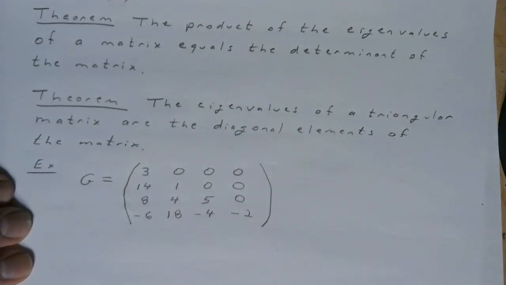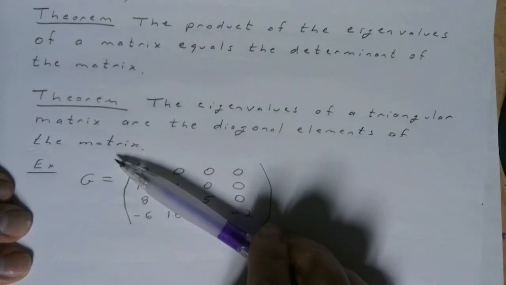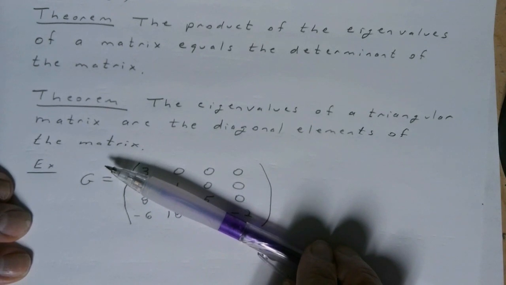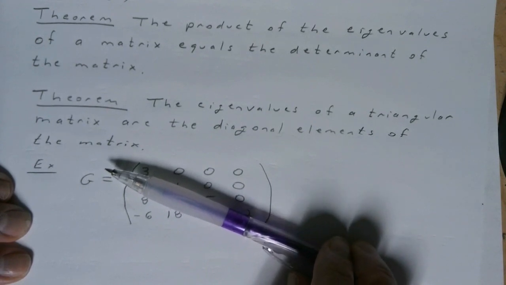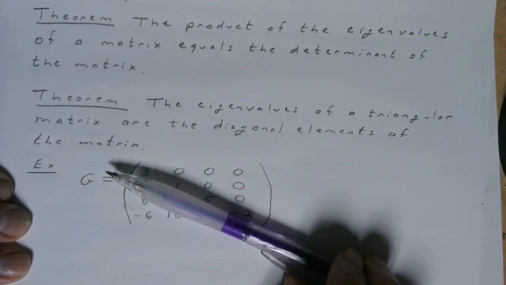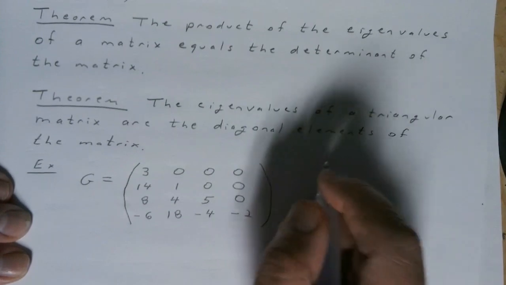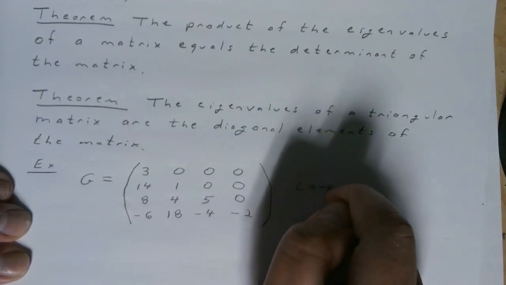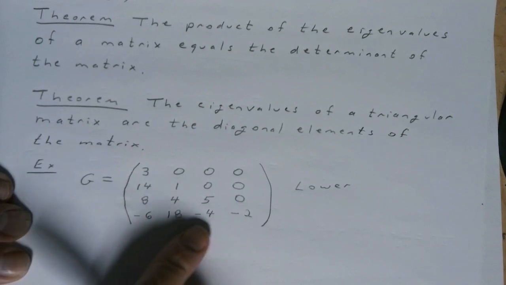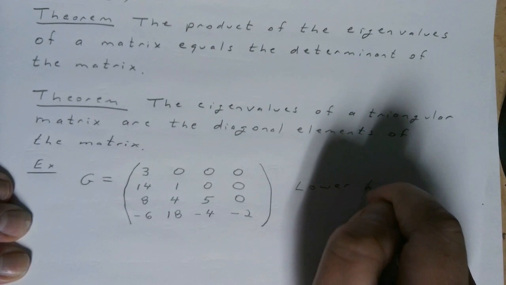So notice this is a triangular matrix because on one side of the main diagonal, either above or below, all the entries are 0. So this is a lower triangular matrix because the place where there are non-zeros is below the diagonal.